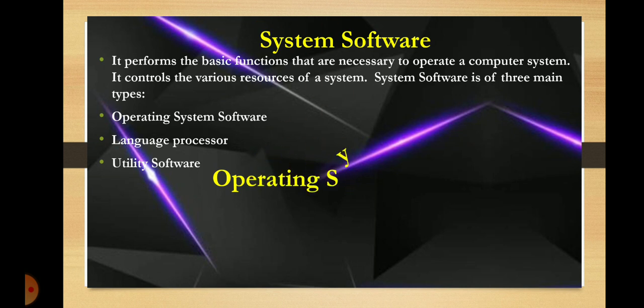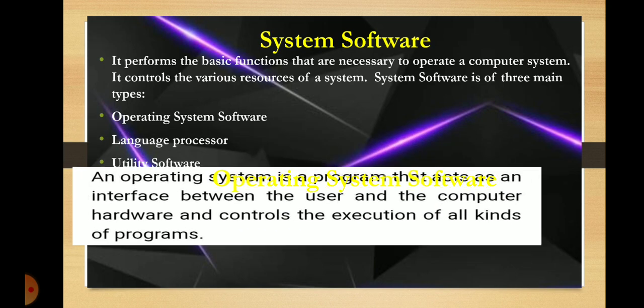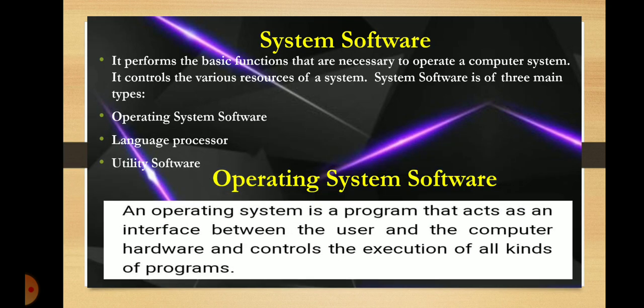Operating system software. An operating system is a system software that acts as an interface between the user and the hardware. It is required to start and shut down the computer. It controls the various components of the computer system and also helps in sharing the resources.